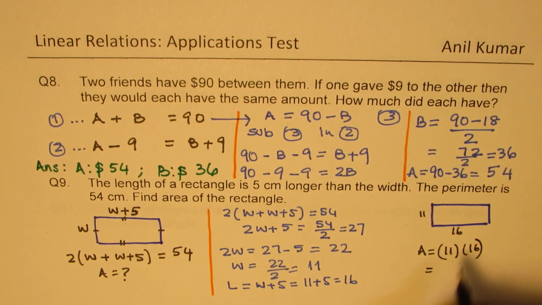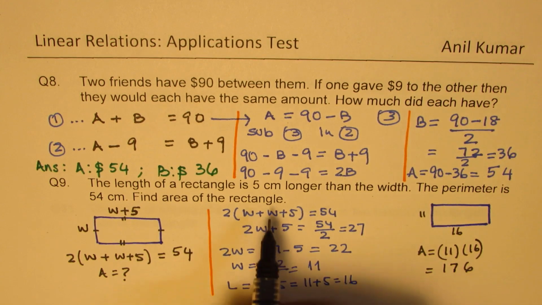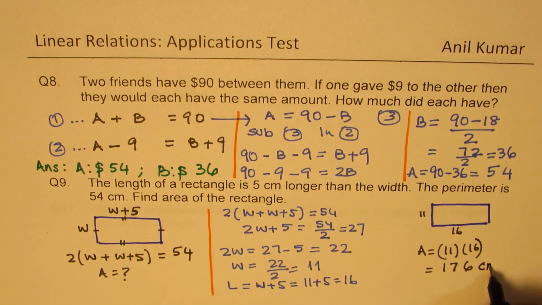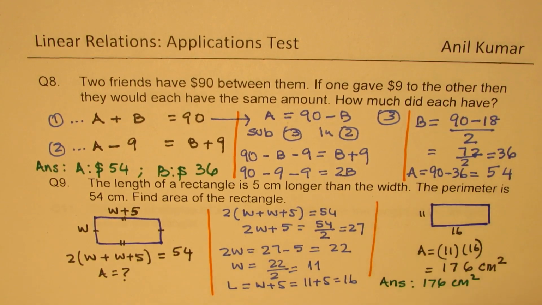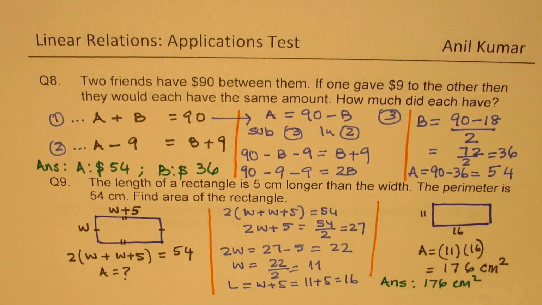So that becomes the area. So you could always multiply. 11 times 6 is 66 and 11 times 1 is 11, so 176, and the units will be centimeter square. Is that correct? So that is how we can get the solution, and we can write down the answer here: 176 centimeter square. Perfect. So that is how we should be doing it.